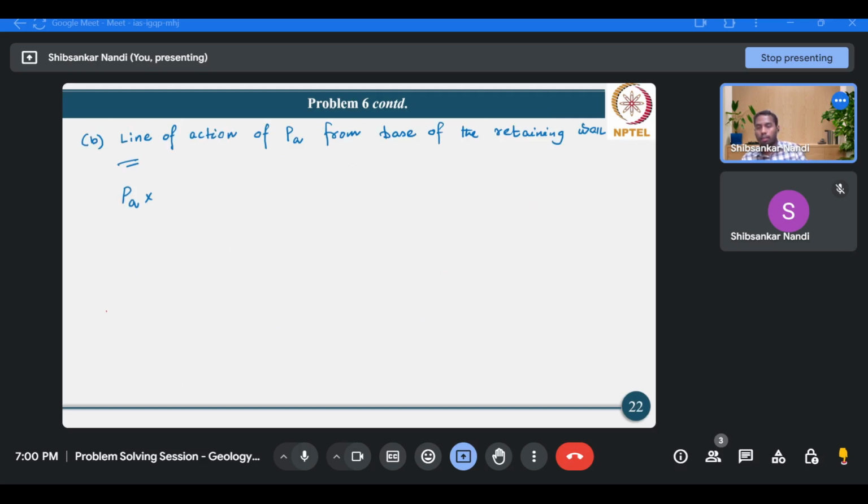So you can write this equation that PA times Z bar is the summation of PAi into Zi bar, where i is 1 to 4. Okay, so Z bar we can calculate as summation of PAi Zi bar divided by PA.